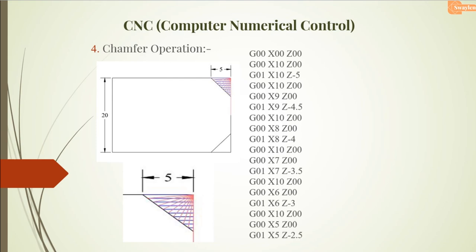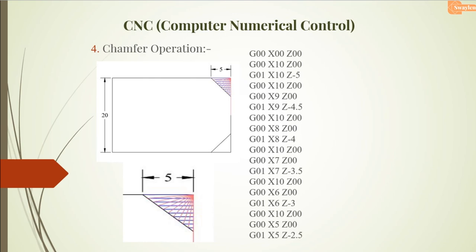Next is Z00, X10, Z00 means again the home position. Again Z00, X8, Z00 means the tool is moved downward side. And Z01, X8, Z minus 4 means here this value.